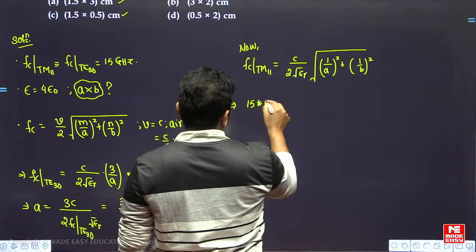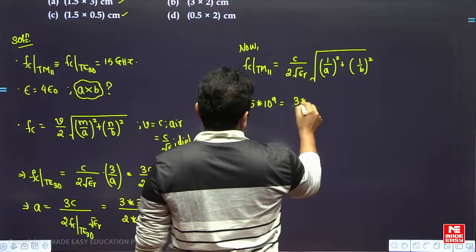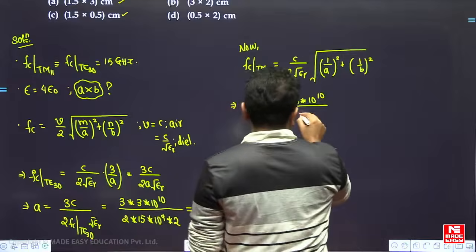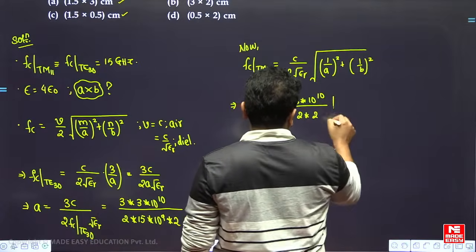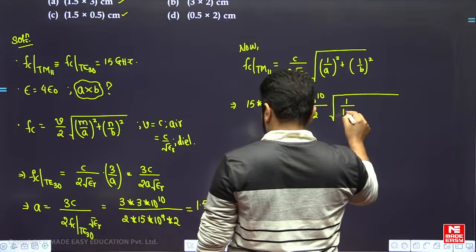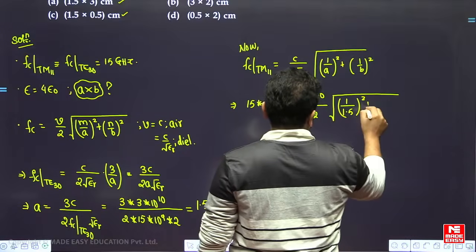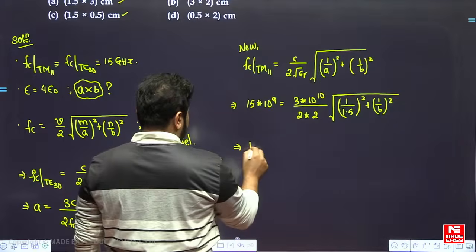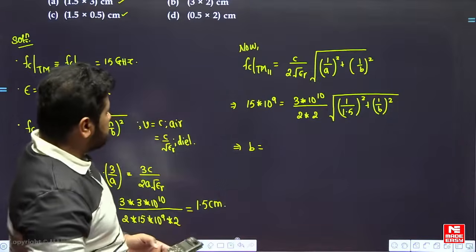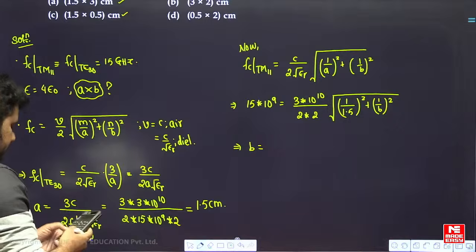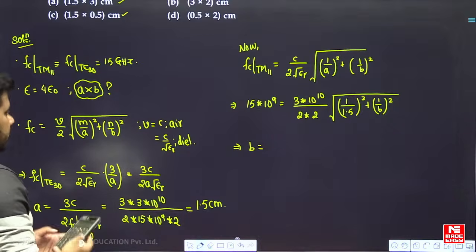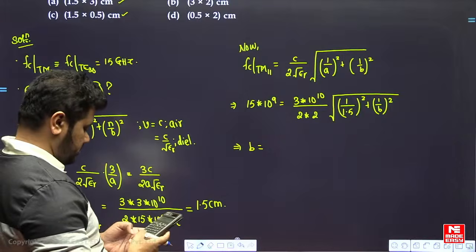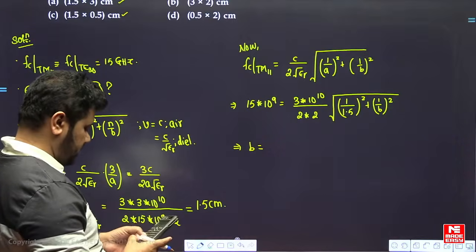So 15 into 10 to the power 9 is equal to 3 into 10 to the power 10, because we are taking centimeter, divided by 2 into root 2, into root under (1 upon 1.5) whole square plus (1 upon B) whole square, right. So let us calculate the value of B from here. This is 60 to the power 9 divided by 3 to the power 10, whole square, minus 1 divided by 1.5 square.